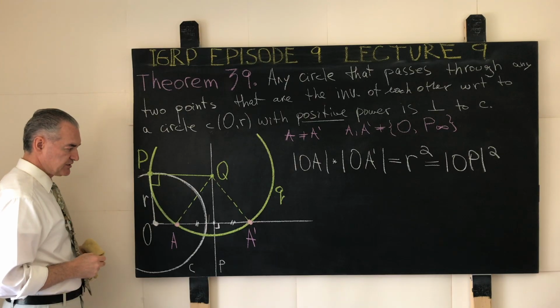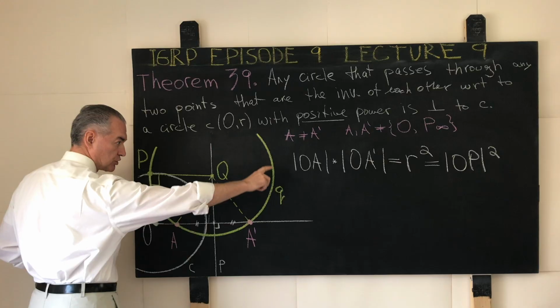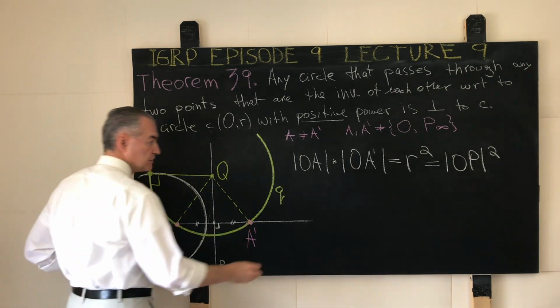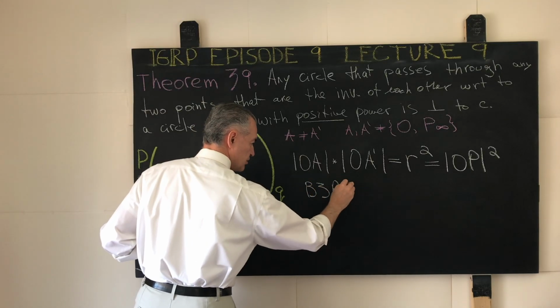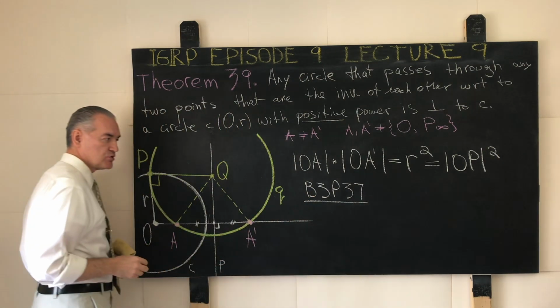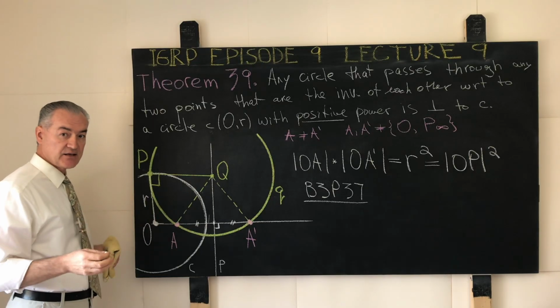Well, we notice that with respect to the sample circle Q, we can apply Euclid's Book 3, Proposition 37 in this case. This is the converse of Book 3, Proposition 36, the so-called tangent secant theorem.